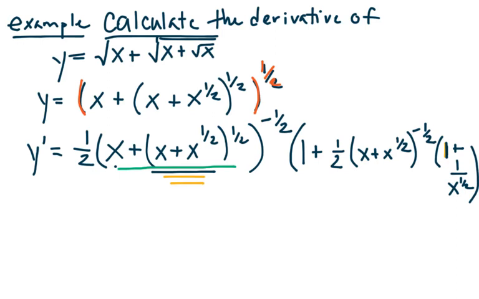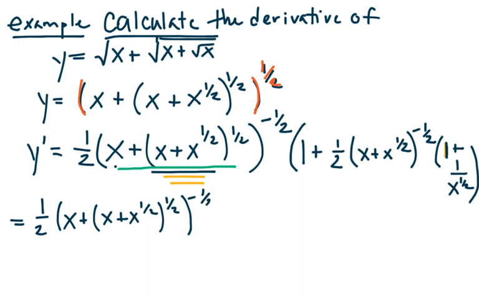Okay, and I got kind of cramped there, so let me rewrite this whole expression. So we've got 1/2 times x plus the quantity x plus x to the 1/2 to the 1/2. All of that raised to the negative 1/2.